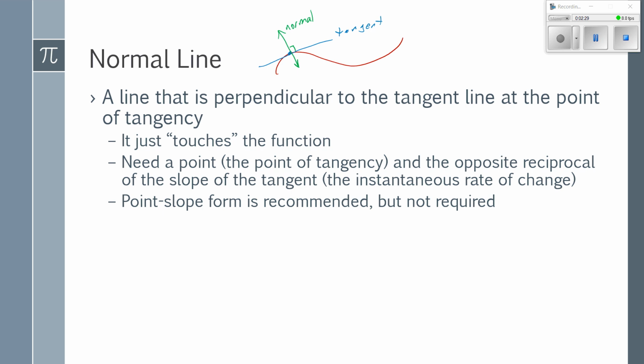You need a point, which will still use the point of tangency, and we need the opposite reciprocal of the slope of the tangent, which is the instantaneous rate of change of our function. We want the opposite reciprocal because it is perpendicular, and slopes of perpendicular lines are always going to be opposite reciprocals. And again, point slope form is recommended. It's not required, but it is going to minimize the chances of a careless algebra mistake.